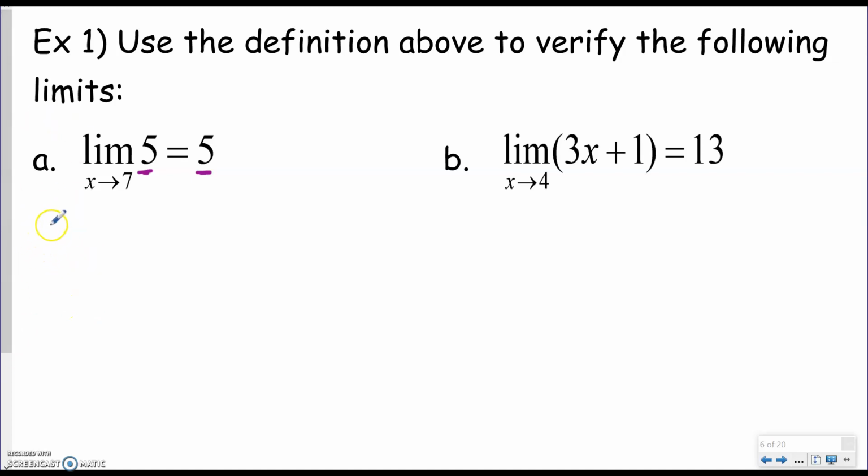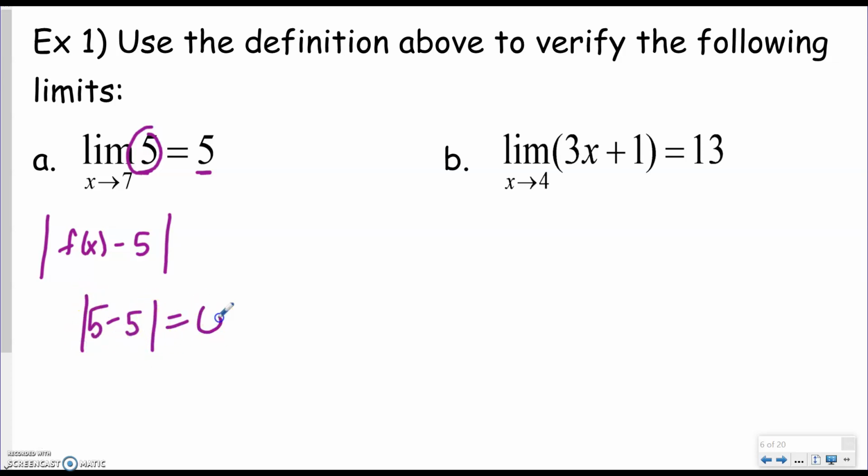The absolute value of it should get closer and closer to 0. So we're going to look at the absolute value of f of x minus 5 equals 0, or gets closer and closer to 0. So if my function is always 5, no matter what I plug in, 5 minus 5, absolute value, is always equal to 0.